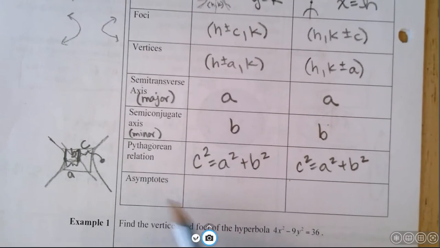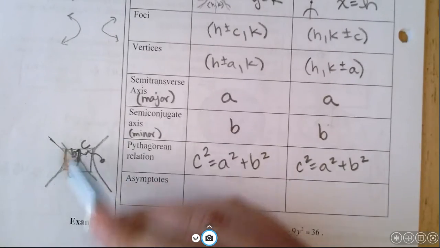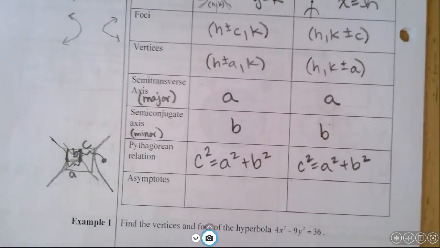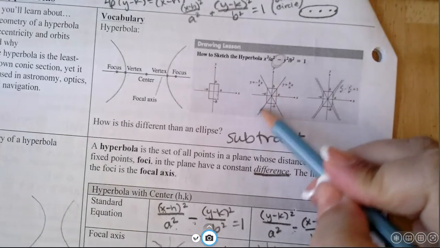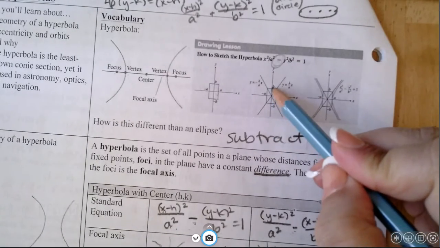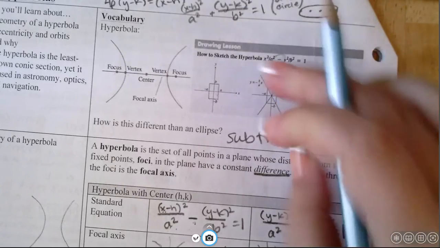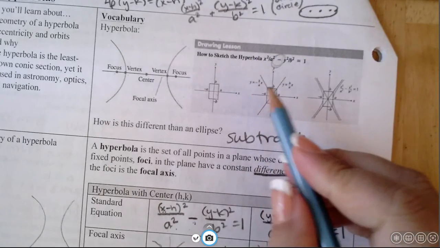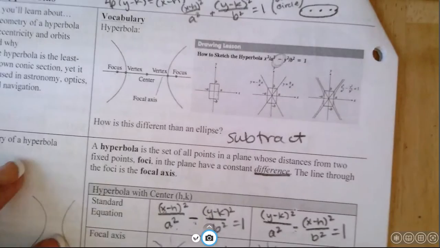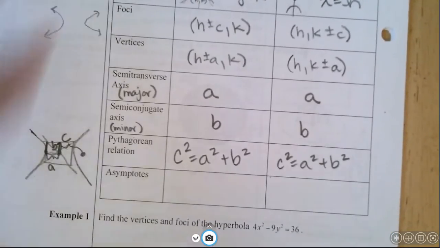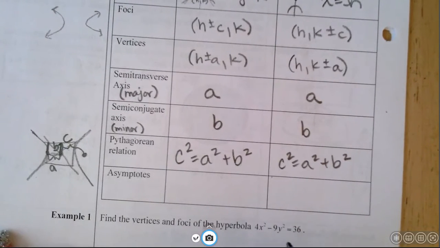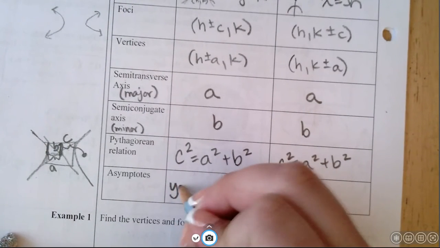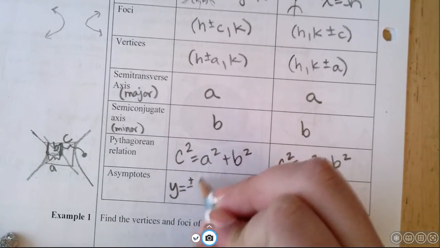And finally, our asymptotes, these lines that we drew. If you look back at the sketch, notice the slope here is b over a. If it was turned the other way, it would be a over b. So if you solve the implicit form of the standard equation, you end up with your asymptotes at y equals plus or minus b over a.